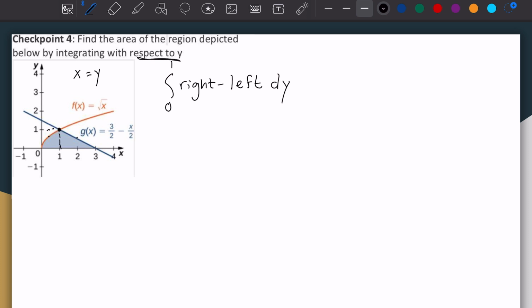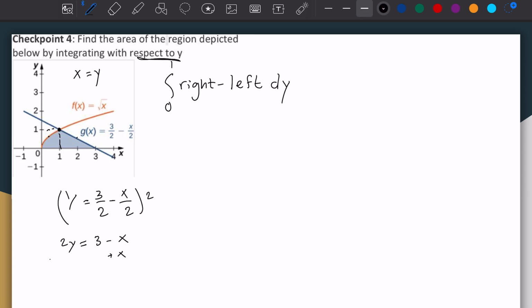All right, so essentially what that comes down to is y equals 3 over 2 minus x over 2. Go ahead, multiply the 2 out. So then it'll be 2y equals 3 minus x.